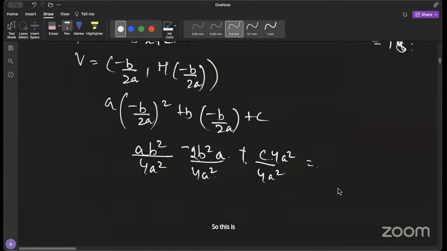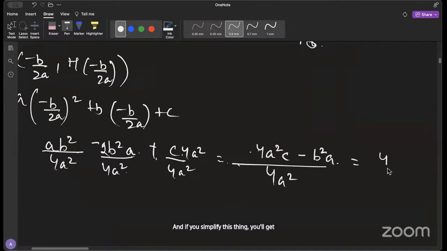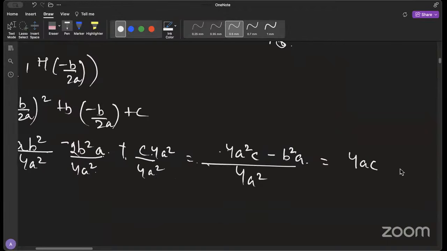So this is going to give you 4a square in the denominator, and here you will have 4a square c minus b square a. And if you simplify this, you will get 4ac minus b square by 4a.